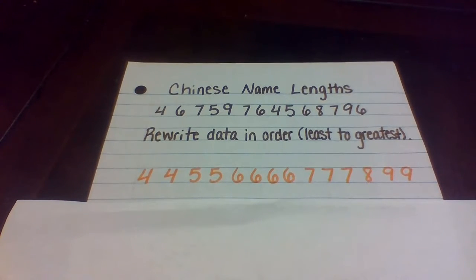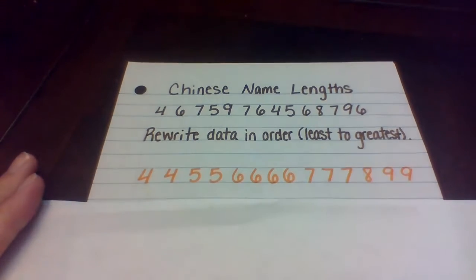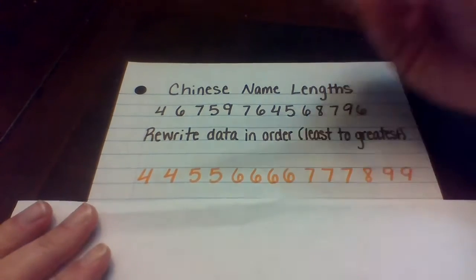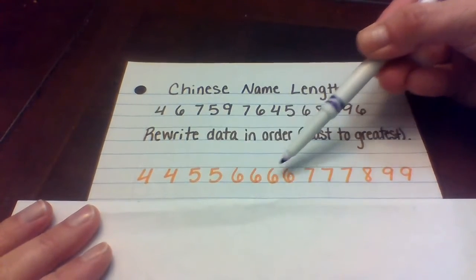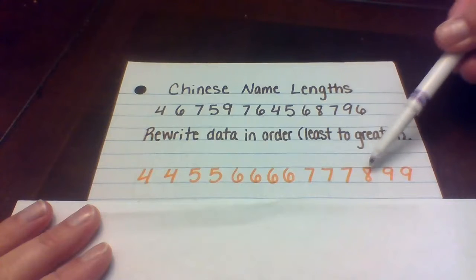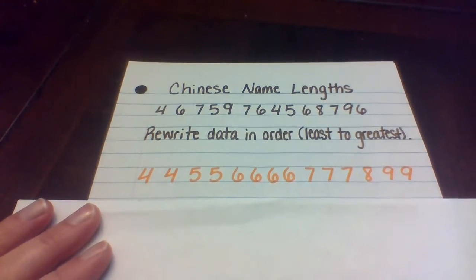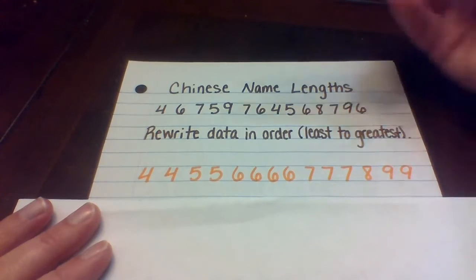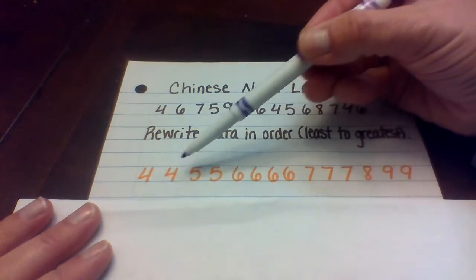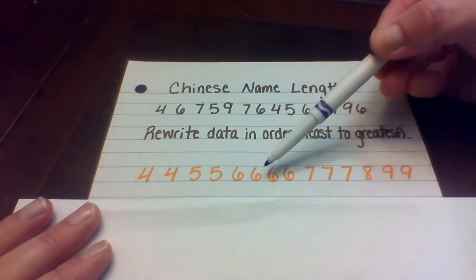So I'm going to go ahead and count how many pieces of data I have here to see if that helps me find the median. I have 1, 2, 3, 4, 5, 6, 7, 8, 9, 10, 11, 12, 13, 14 pieces of data. So my median should be right in the middle. 1, 2, 3, 4, 5, 6, 7.